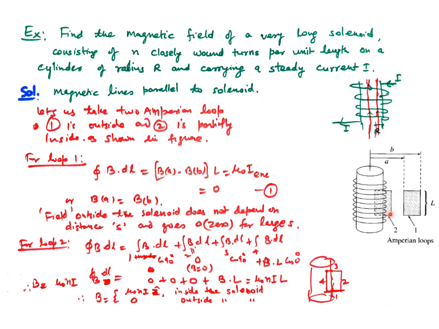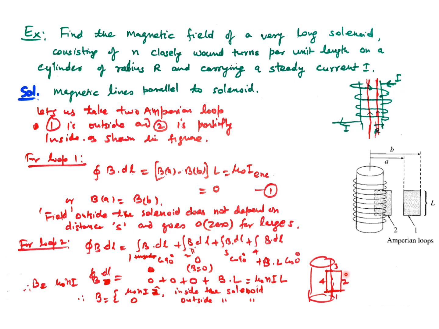we will make an Amperian loop here, and this Amperian loop has segments 1, 2, 3 and 4. So again we use the line integral of B dot dl for 1, 2, 3 and 4. These 4 segments are there, and we will see that the contribution is only from segment 4, because in the case of 1 and 3 the angle is 90 degrees with the magnetic field, so 1 and 3 will give us 0.